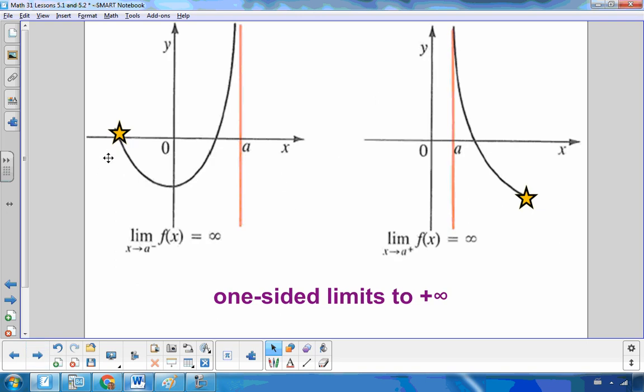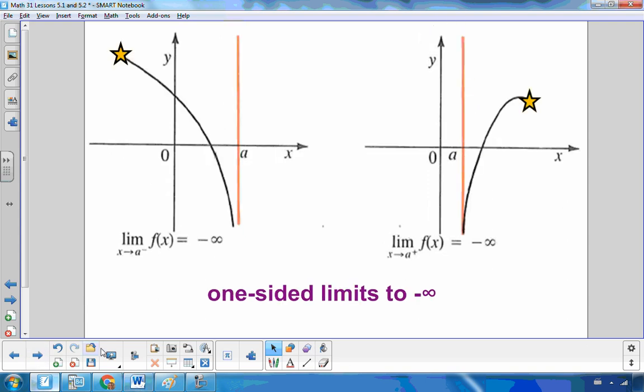Let's look at some one-sided limits. So from the left, I'm approaching and I'm reaching positive infinity. This one from the right, getting closer to x equal to a, I'm going to positive infinity. Now, one-sided limits can also go to negative infinity, such as this one here, going from the left closer to x equal to a. You see I'm going to negative infinity.